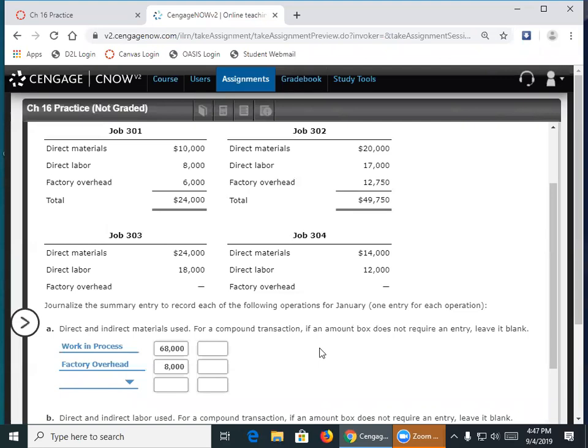Yeah, this would be a debit to materials and a credit to cash or accounts payable. Yeah, you got it. And so they just kind of go through the process. So with overhead, like the indirect materials, we've created this new factory overhead account.